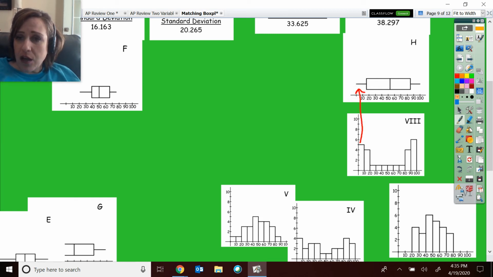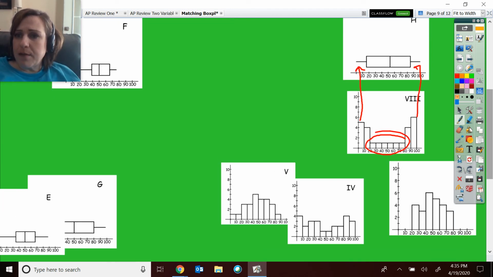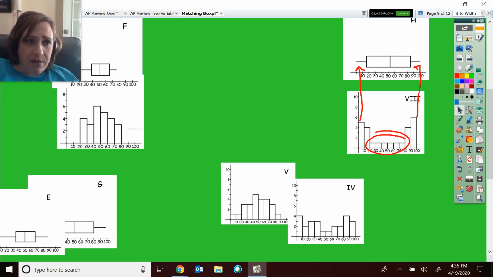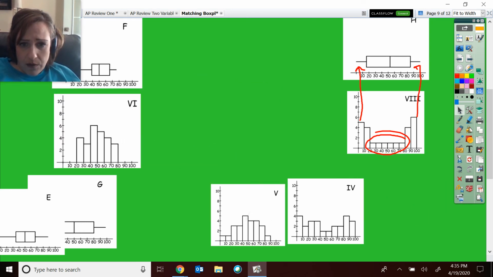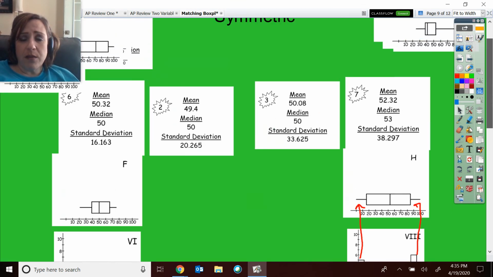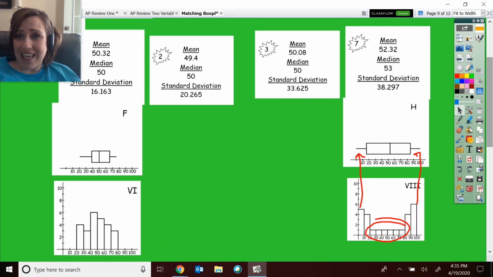I have all of this, and this middle 50% is very spread out. And then my smallest spread is going to be this one here because I can tell it's just going from 20 to 80, and everything else is wider. Okay. All right, so I've got the biggest and the smallest ones set.